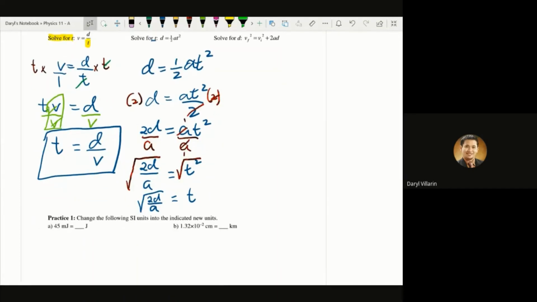So therefore, t is equivalent to the square root of 2d over a. If you want to write this conventionally, that is just equivalent to this one, so you can just interchange the two. It gives you the same thing, okay? Although conventionally, you write the one that you're solving for on the left-hand side.